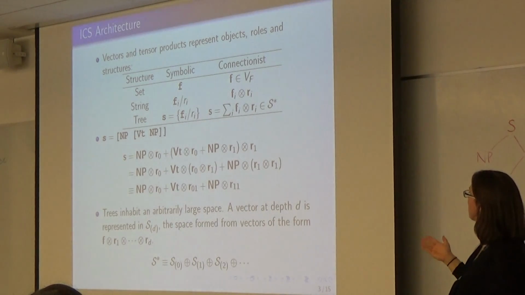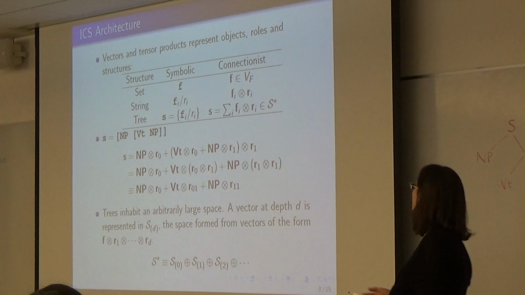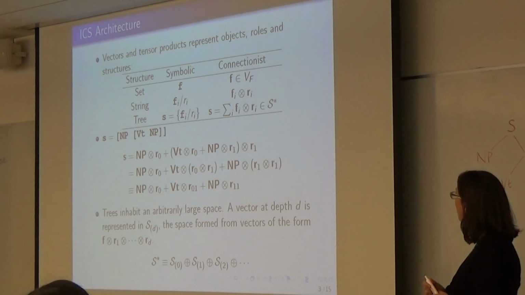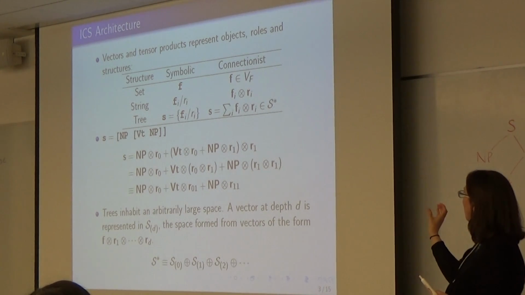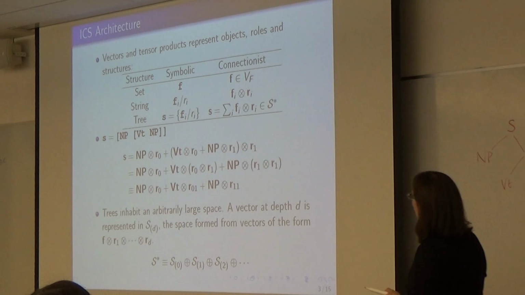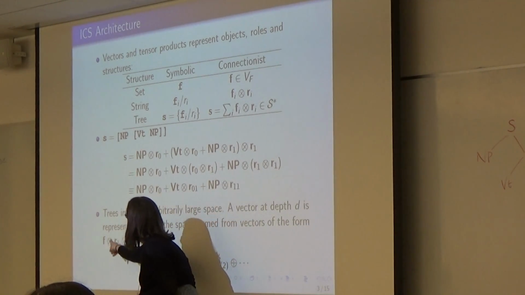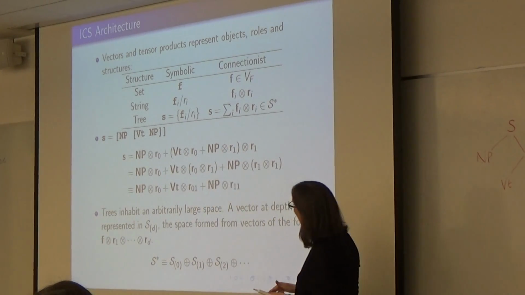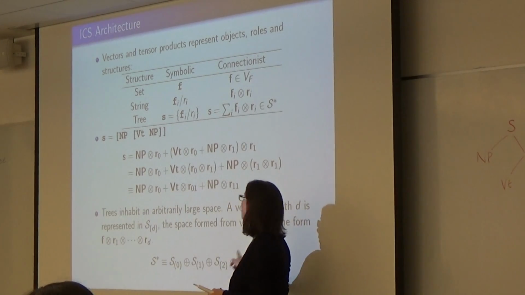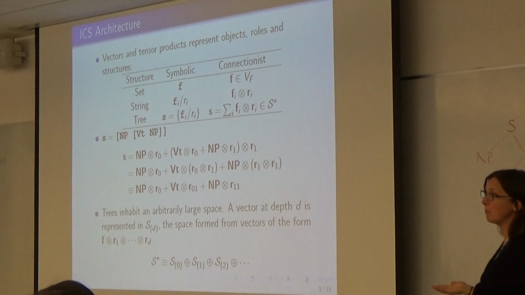Now the problem here is that trees are going to inhabit an arbitrarily large space. So if we have a vector at depth d, we can think about a vector space S_d, which is formed of vectors of this form, a filler times some kind of branching, and we're then going to need the direct sum of as many depths as you need in order to represent the tree.